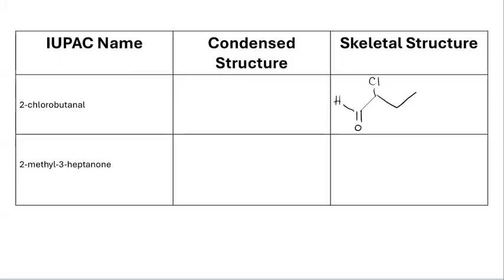The next example is 2-methyl-3-heptanone. In the heptanone, that hept tells me the longest continuous chain of carbon atoms, which for this molecule is 7. So I write 1, 2, 3, 4, 5, 6, 7.